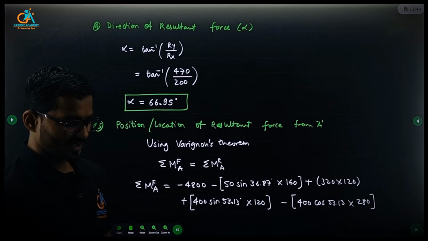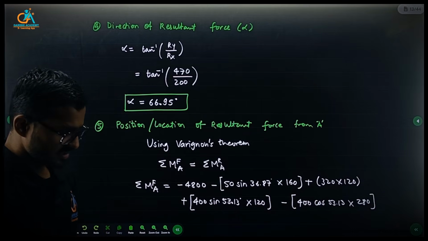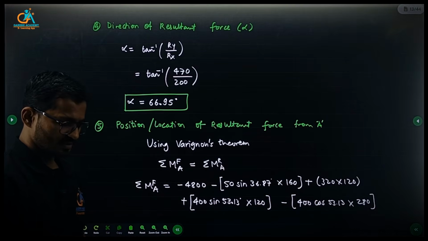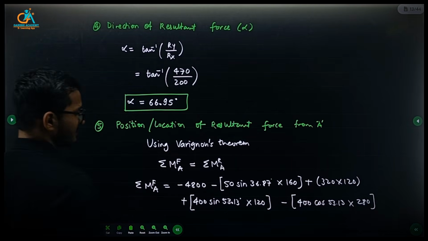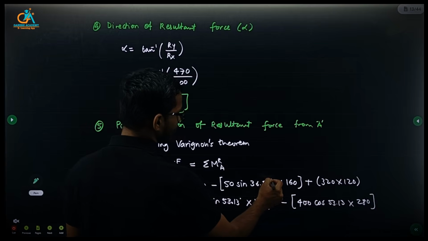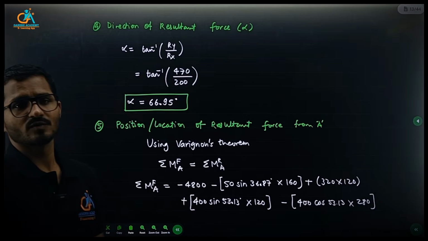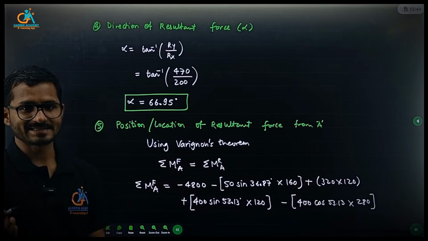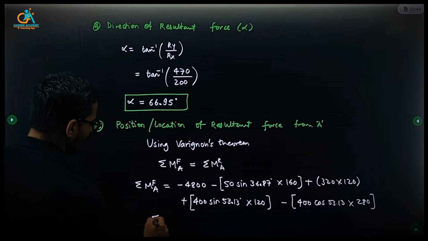The answer is 0.2229, so it is approximately 0 as we have considered these angles 36.87 and 53.13. If you consider the exact angles, you will get this moment as 0.